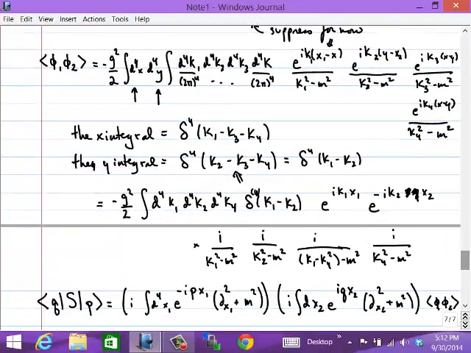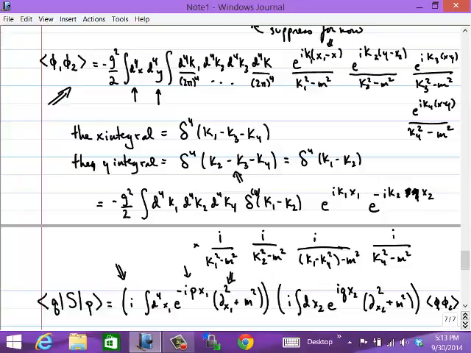Okay. And so the name of the game now is to plug this expression up here, which was a contribution to our 2-point function, into this expression for the scattering amplitude using the LSZ formula. There are a couple of tricks that I can use. The first thing is to notice that I could always integrate this term by parts to get it to act on this guy up here.